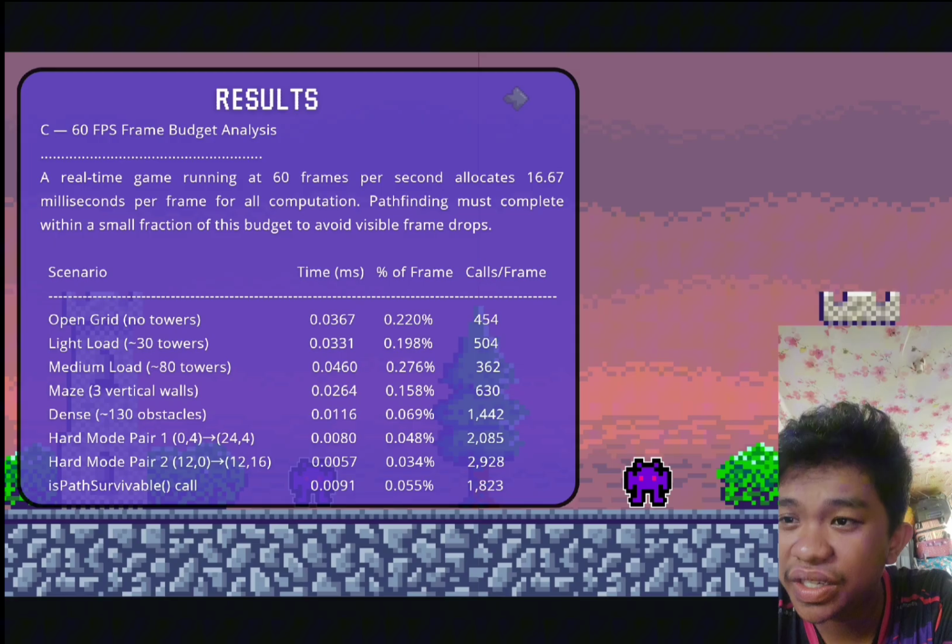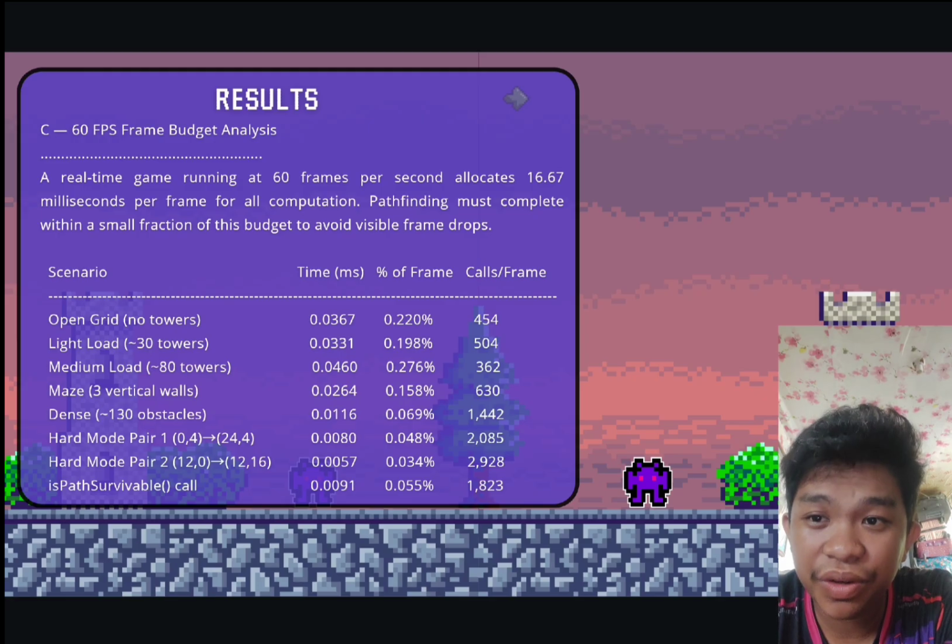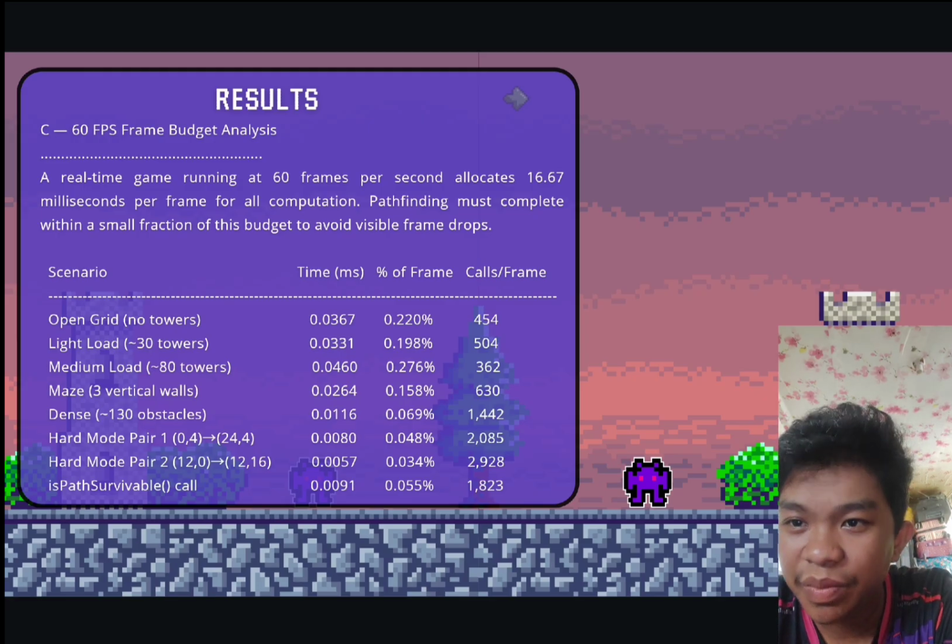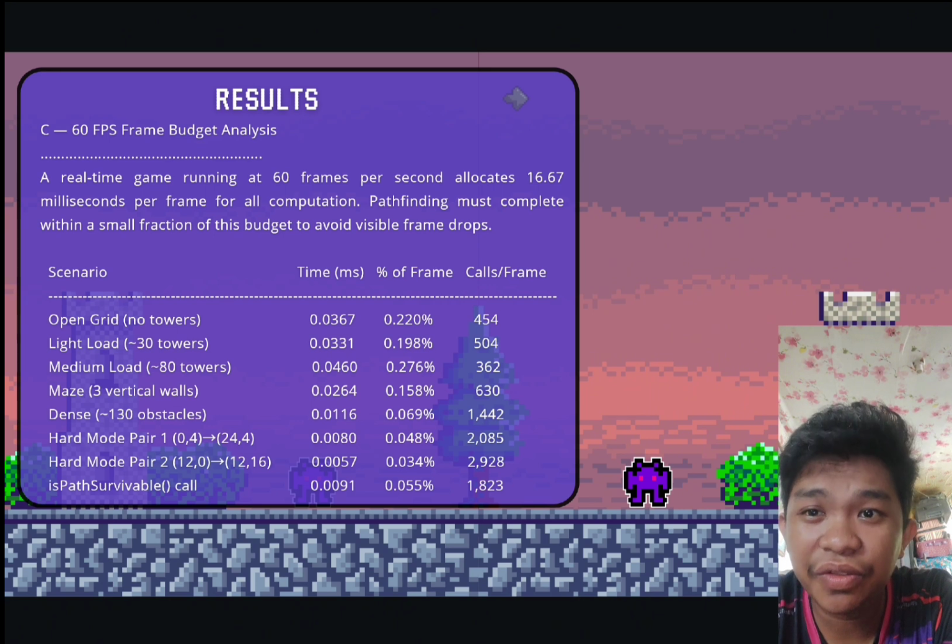Maze, 3 vertical walls, with a time of 0.0264 ms, 0.158% of frame, and 630 calls per frame.